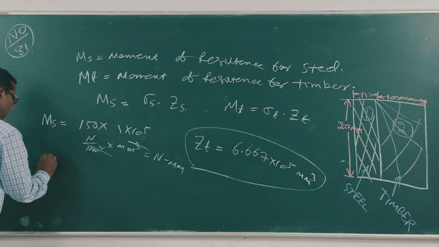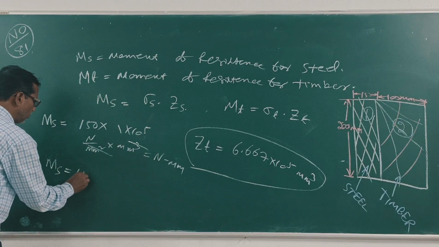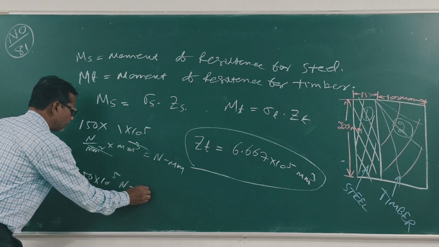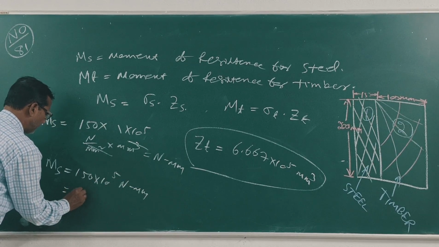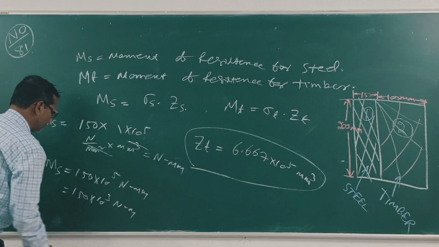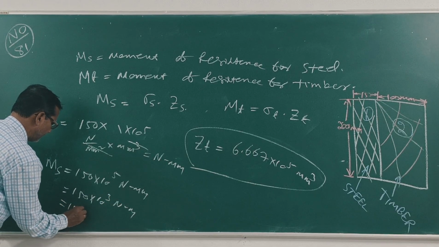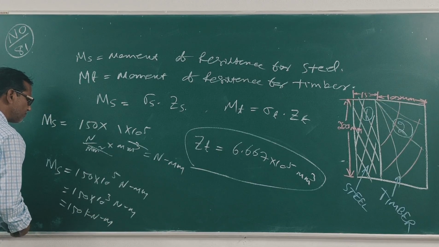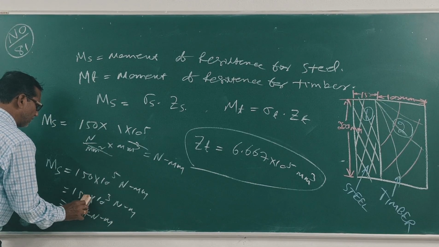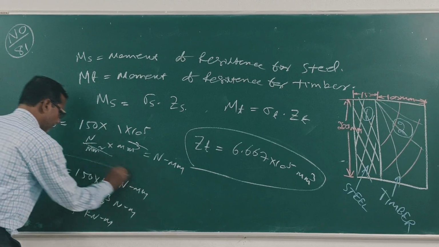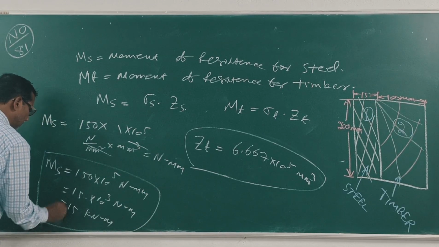So MS is equal to 150 into 10 to the 5 Newton mm. So 150 into 10 to the 3 Newton meter, so 15 kilonewton meter. This is the moment of resistance for steel.